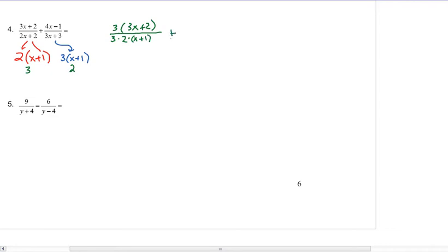Plus. For the first one, all we added in was what was missing. Let's do the same for the second one. What's missing is a 2, so we're going to do it times 2 over 2. Now the second one was already 4x minus 1, and on the bottom was a 3 and then x plus 1.